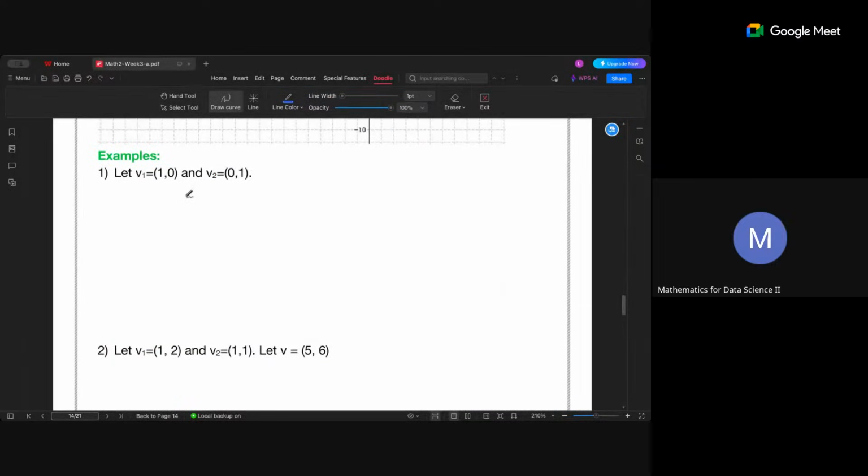Now, can you express any vector (x, y) as a linear combination of v1 and v2? The question is, can you write (x, y) as a linear combination of v1 and v2?